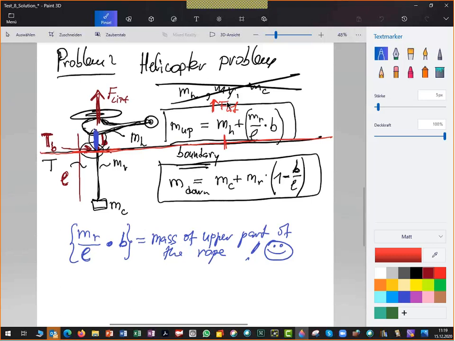It is acting downwards, TB. And in addition to the tension TB, there will also, of course, be gravity of my system, which is M up G.